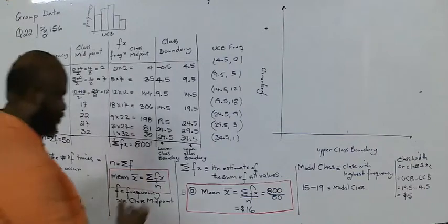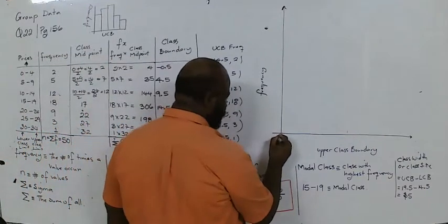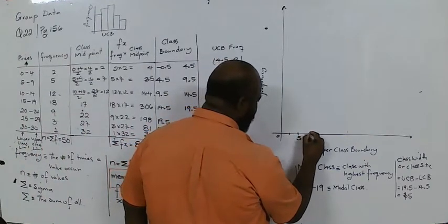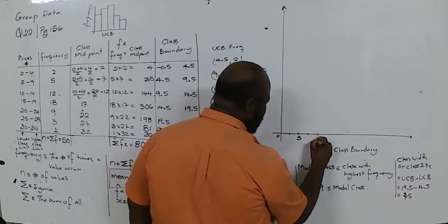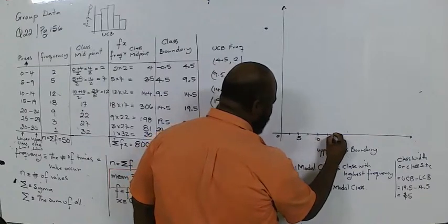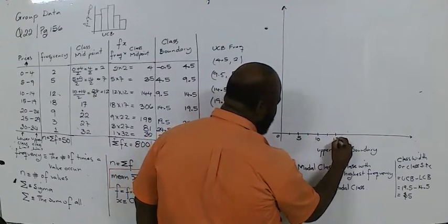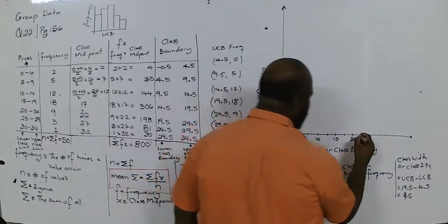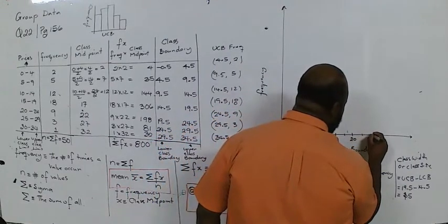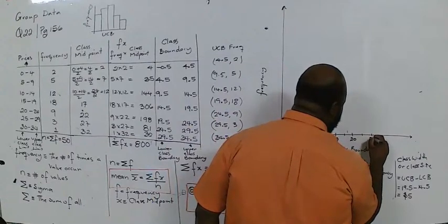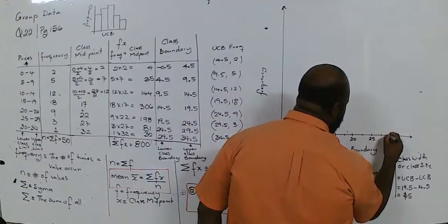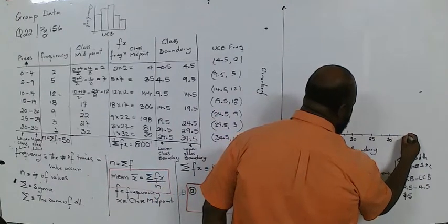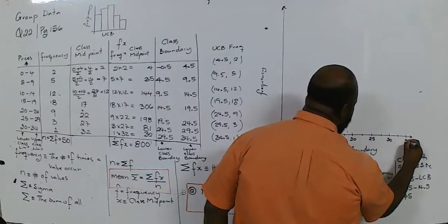Watch me. 0. 1 centimeter, 2 centimeters, 5. 1 centimeter, 2 centimeters, 10. 15. 20. 25. 30. 35.